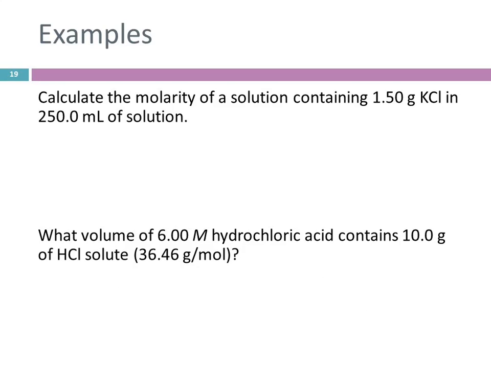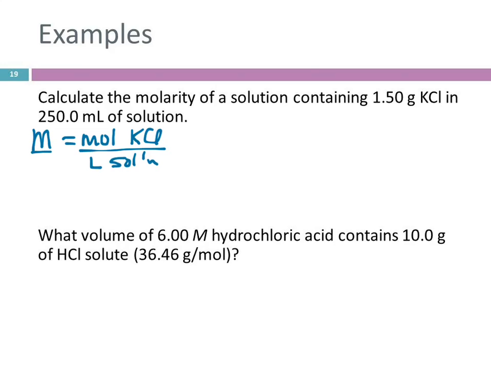Calculate the molarity of a solution containing 1.50 grams potassium chloride in 250 milliliters of solution. So this is calculate the molarity. We're going to use the equation. We need moles of solute per liter of solution. So molarity equals moles, in this case moles of KCl, per liter of solution.